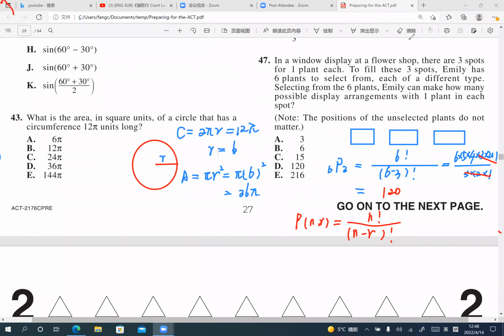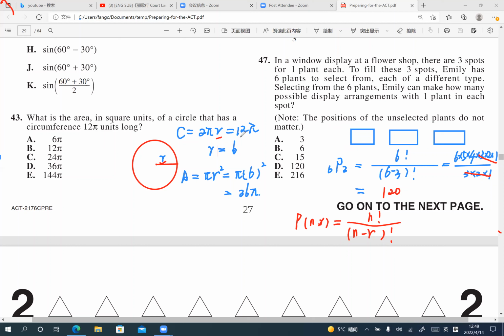Question 43. What is the area in square units of a circle that has a circumference 12 pi units long? I drew a circle on the left. If we use r to represent the radius of the circle, according to the formula for circumference, C should be equal to 2 pi times r.